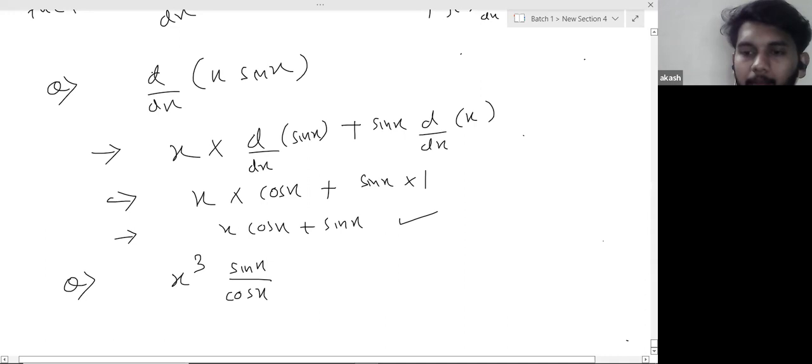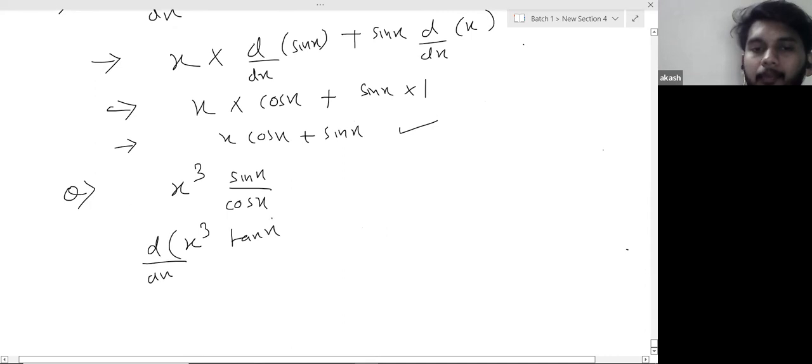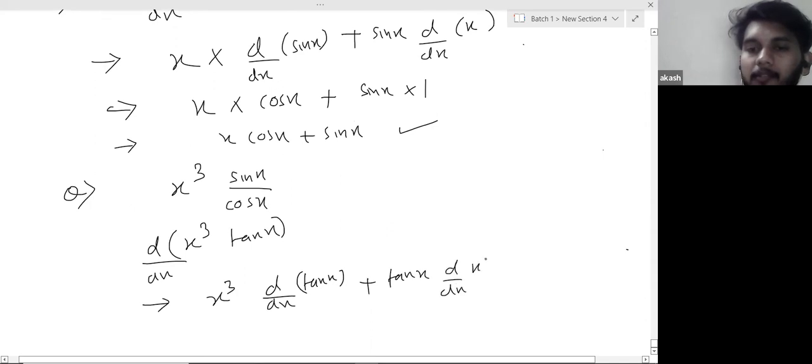All right, so how to solve this one? See, sin x upon cos x is tan x, so x cube tan x. Again two functions have been multiplied. So what we can do is take the first function, differentiation of second function, plus second function, differentiation of first function.